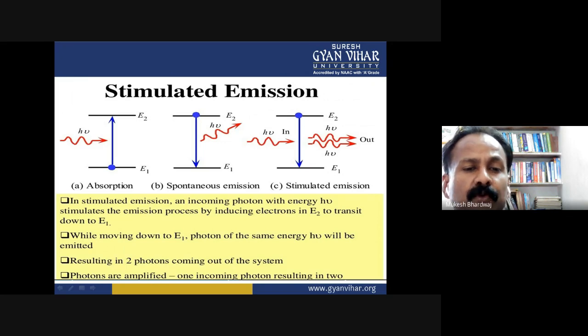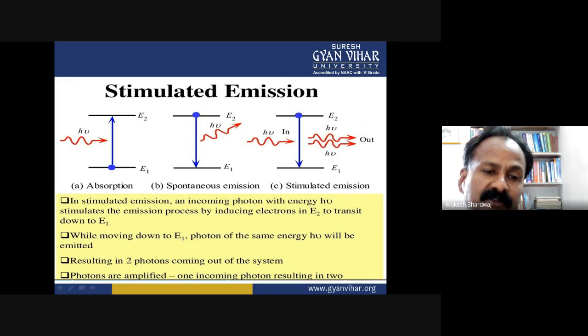In stimulated emission, an incoming photon with energy h nu stimulates the emission process by inducing electrons in E2 to transit down to E1.